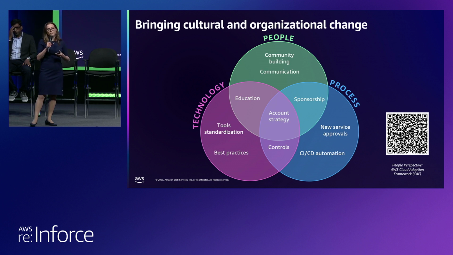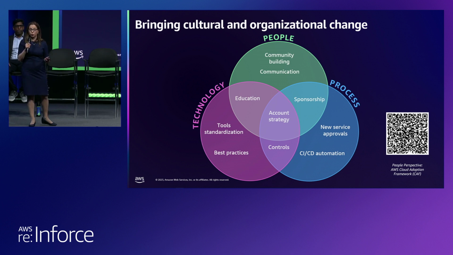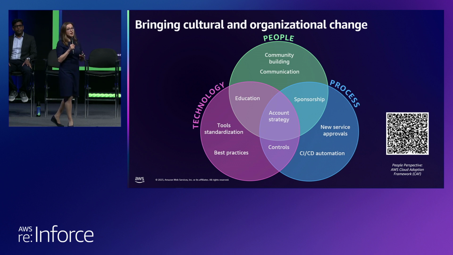For example, they provide sponsorship or seek executive buy-in for different projects and different tools. They also implement different education paths for different teams, not only about AWS services, but also organizations' best practices around these particular services. They also define best practices for how to roll out organization-wide guardrails and corporate standards.